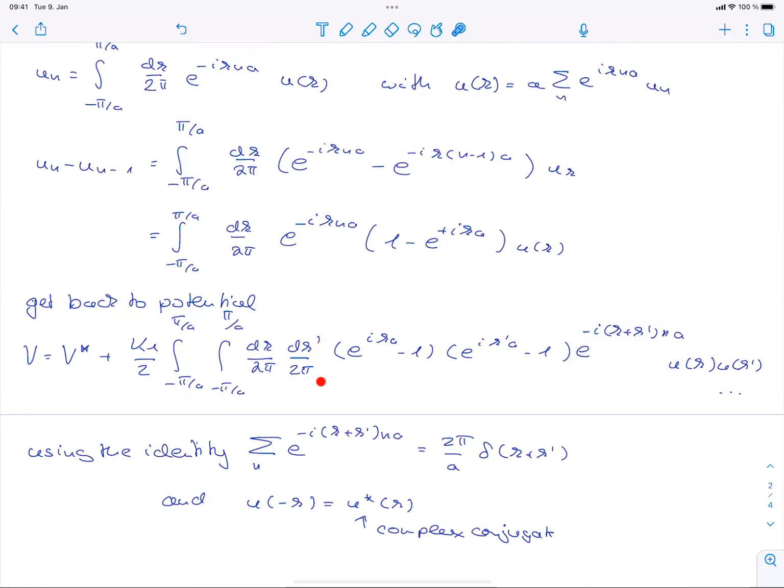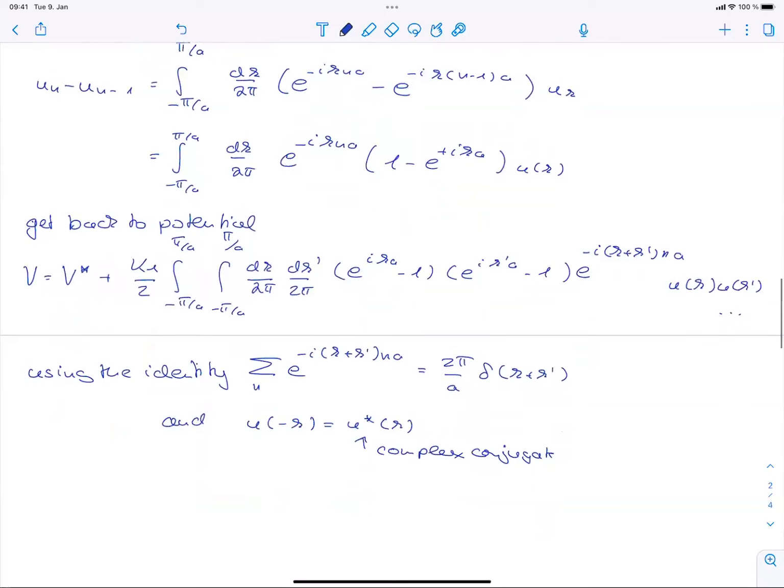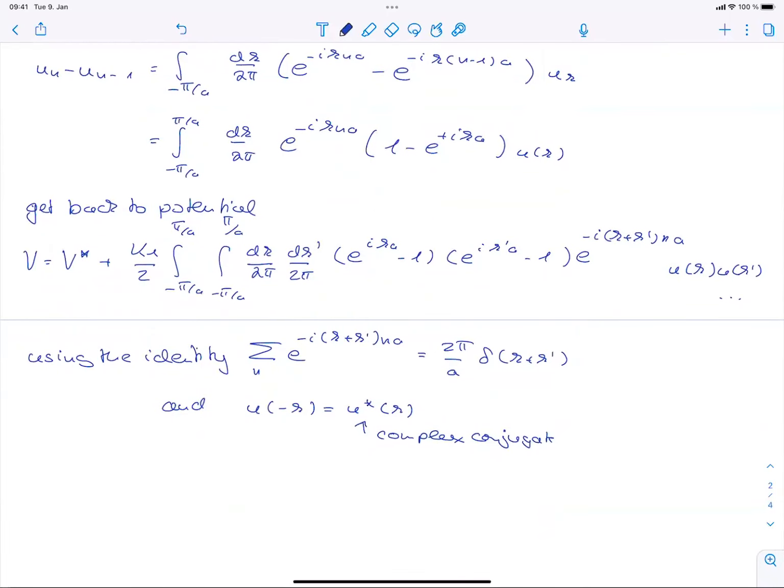Let's have a look at that multiplication of the two brackets. So what we have here is, sorry, let me make this k minus k prime already a minus k. There we go. So then we have e to the i k a times e to the minus i k a.